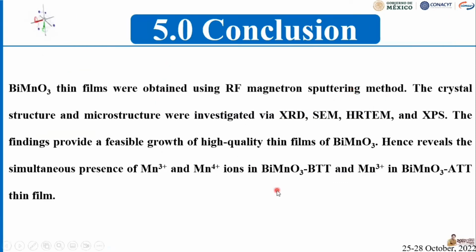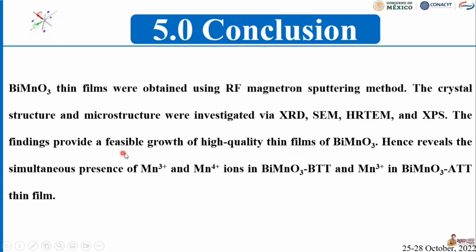In conclusion, bismuth manganese oxide thin films were obtained using the radio frequency magnetron sputtering method. The crystal structure and the microstructure were investigated via X-ray diffraction, scanning electron microscopy, high-resolution transmission electron microscopy, and X-ray photoelectron spectroscopy.